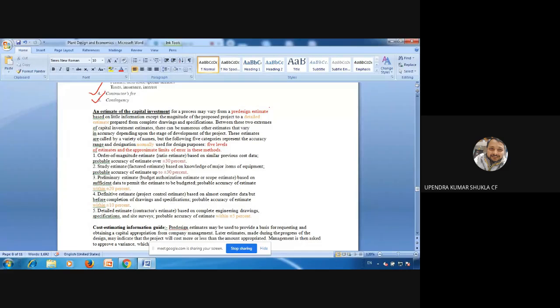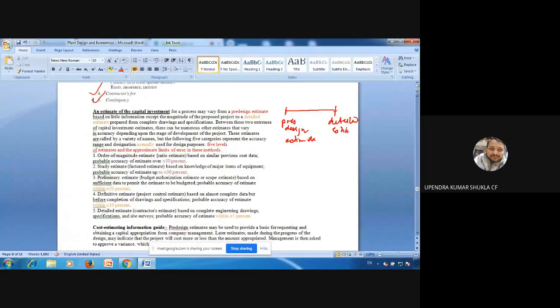Now for an estimate of the capital investment, I will tell you two things. For many processes you will find that there are two extremes. One extreme is a pre-design estimate, and the second is a detailed estimate.